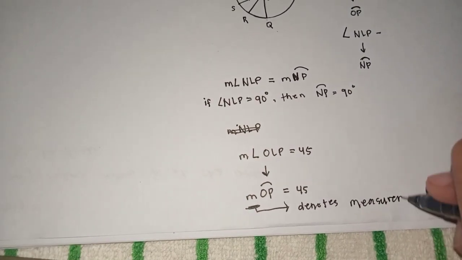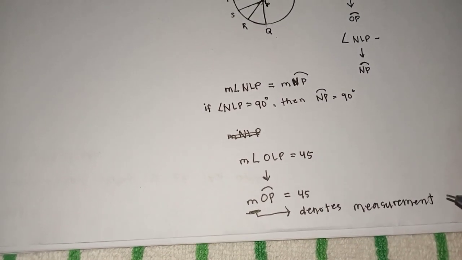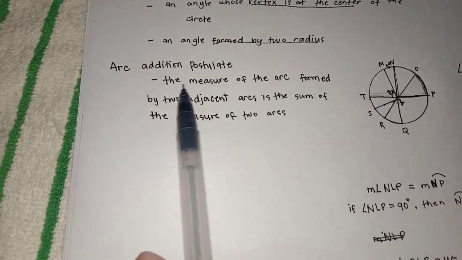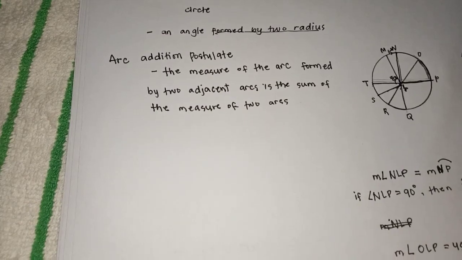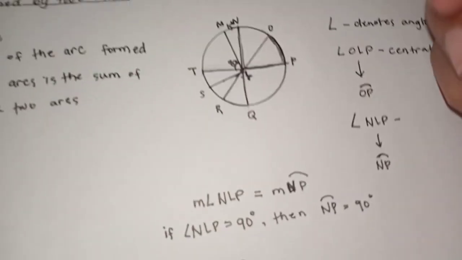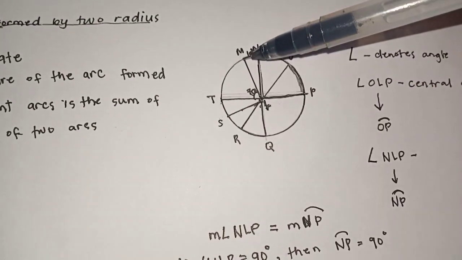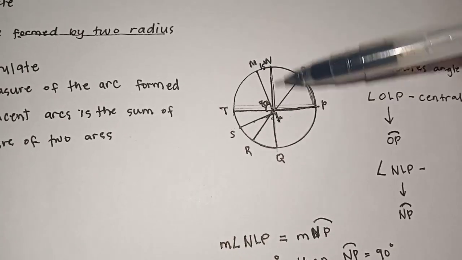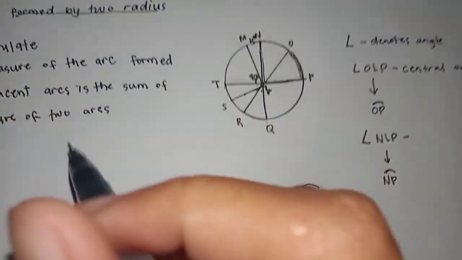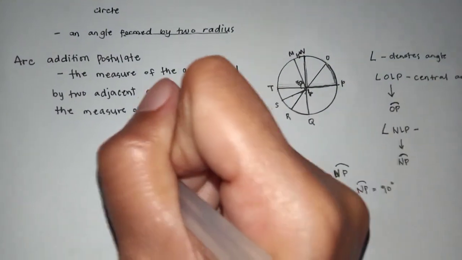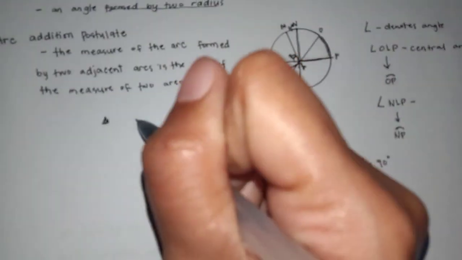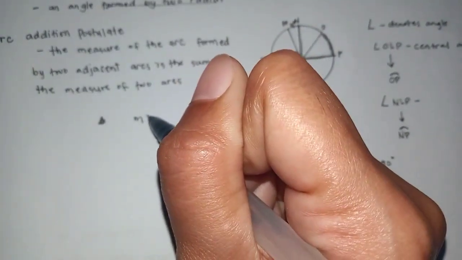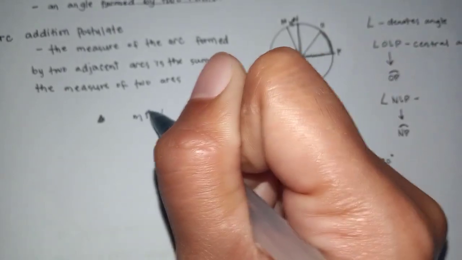Now let's have the arc addition postulate. It is the measure of the arc formed by two adjacent arcs. It's the sum of your two arcs. So if we have MN equal to 15 and MT equal to 75, then we need to add the two arcs in order to find the value of NT.